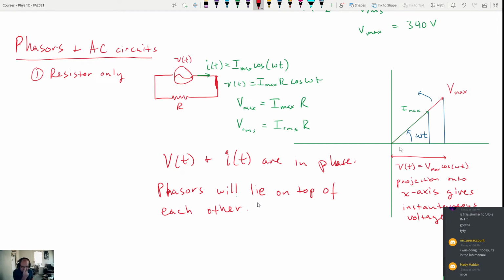Did any of that make any sense? We also have the instantaneous current down here too, by the way. This is I of t, from there to there, because it's the projection. If this angle is omega t, and this is I max, then the length of this side would be I max cosine omega t. Can you all see that?